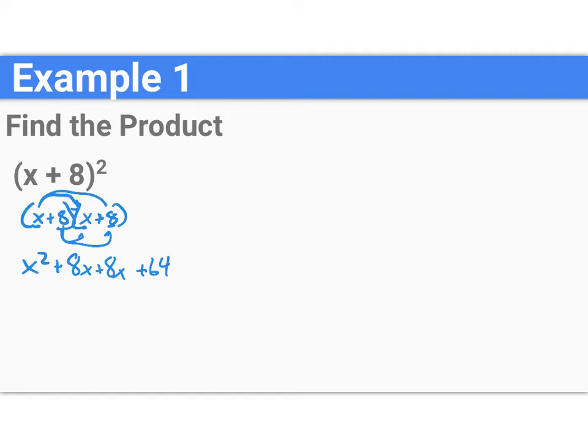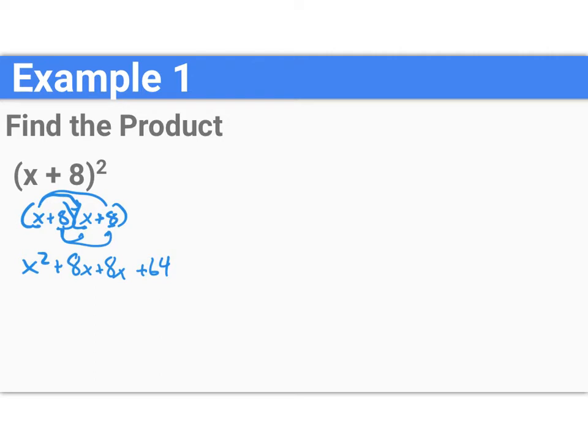A shortcut you can do is you get the first term squared, so a squared. Let me write this a little neater. And that was what the formula was showing you.